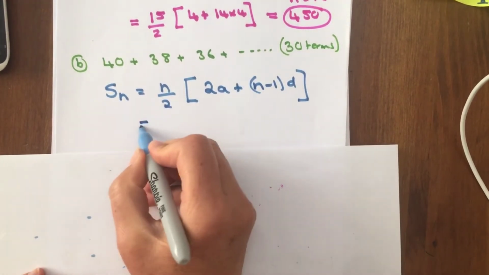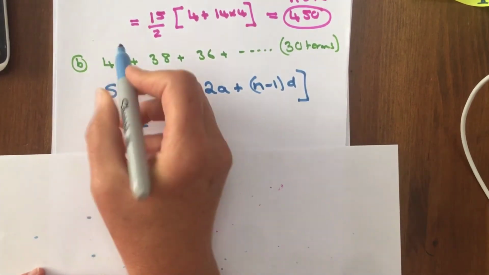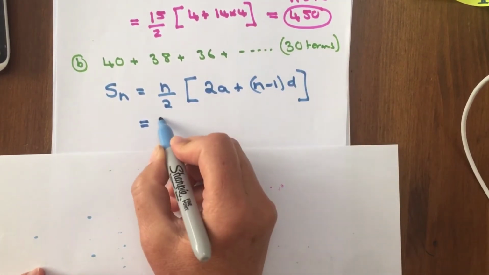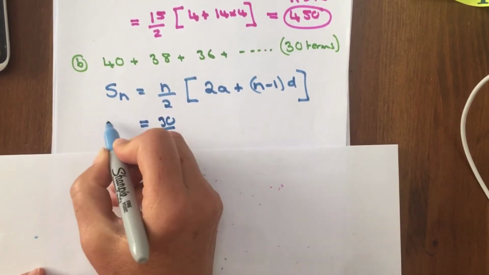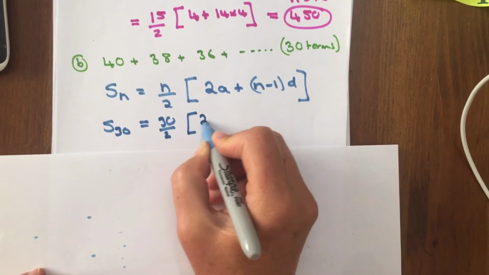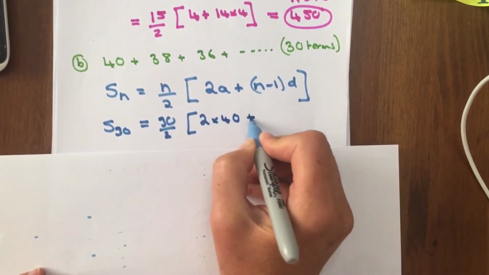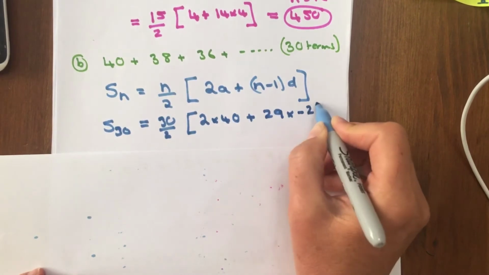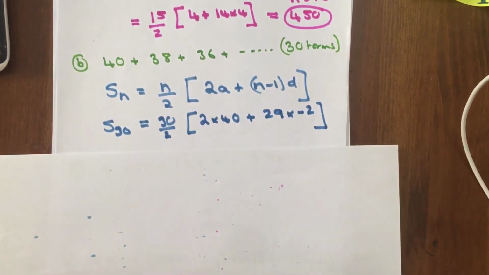So n is 30. I'm finding the sum of the first 30 terms: n over 2 times 2a plus n minus 1 times d. Now d is negative 2, it's going down in 2s.